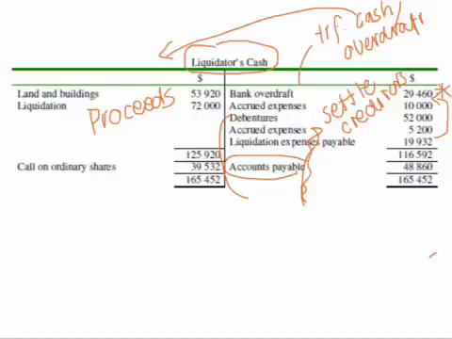So they only have a liability up to the issue price of the shares. So in this example, the shareholders didn't have fully paid up shares, so the liquidator was in a position to make a call on ordinary shares sufficient to actually cover the cash shortfall for the liquidation process.